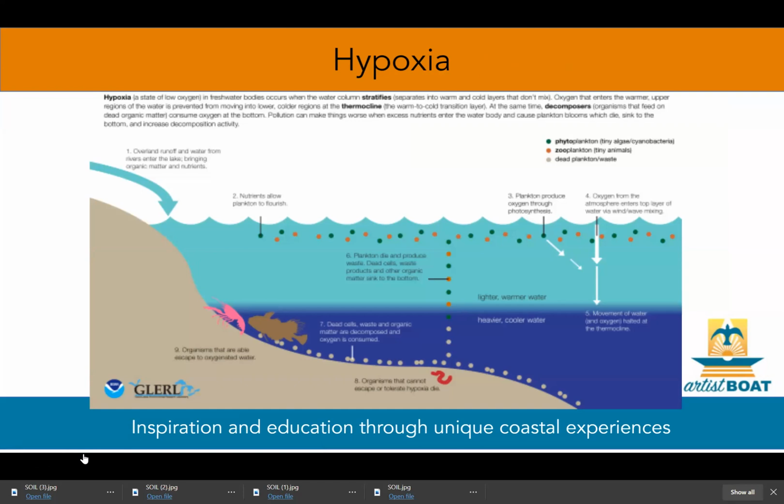By depriving the organisms of sunlight and oxygen, the number and diversity of benthic, or bottom-dwelling, species are reduced. The Gulf of Mexico has a seasonal hypoxic zone that forms every year in late summer.